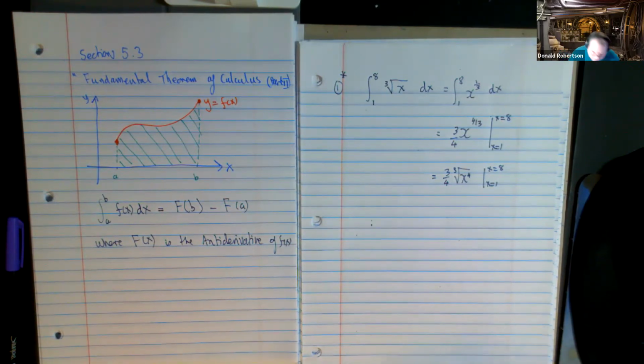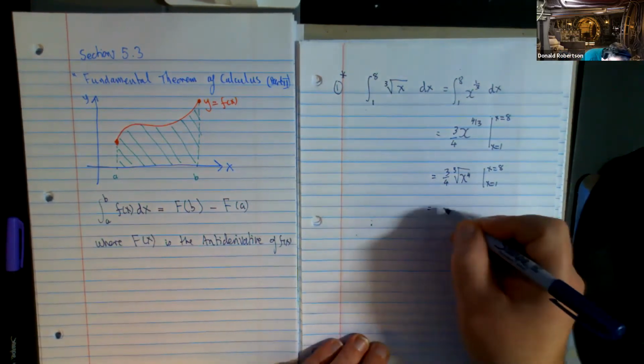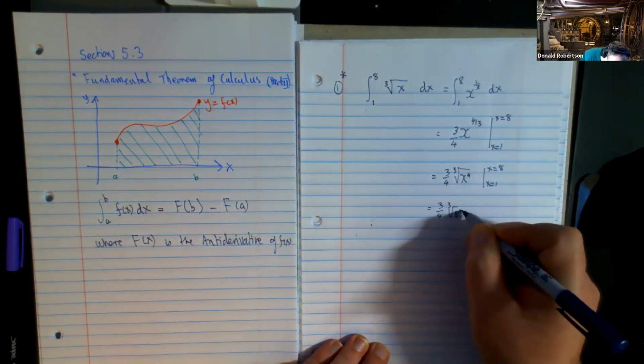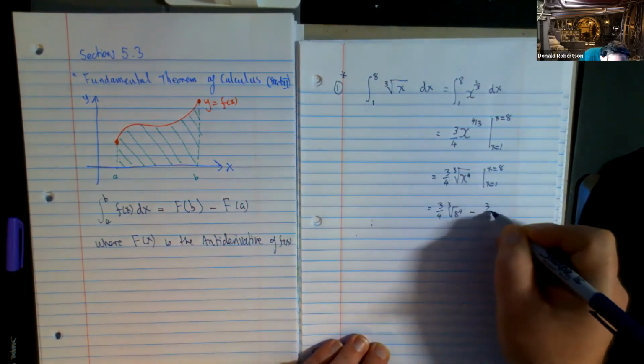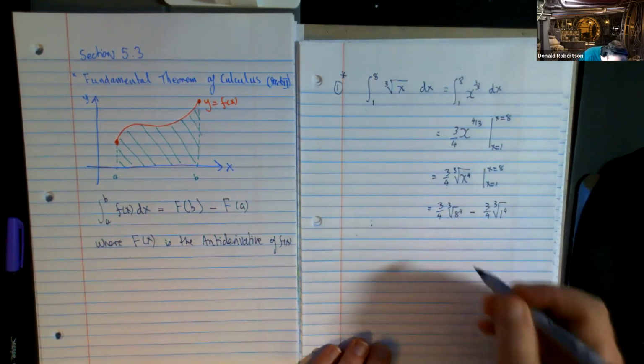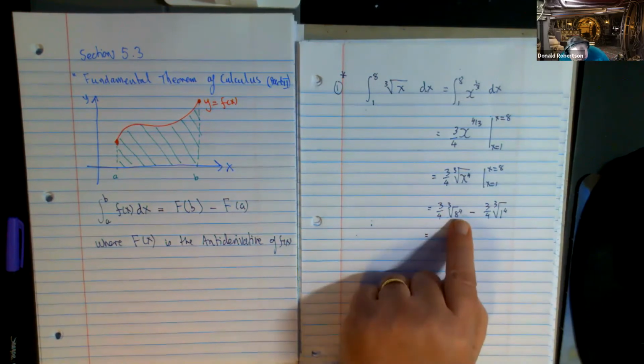Okay, now that's going to be 3/4 the cube root of 8 to the power of 4, take away 3/4 the cube root of 1 to the power of 4. That guy is pretty massively ugly.